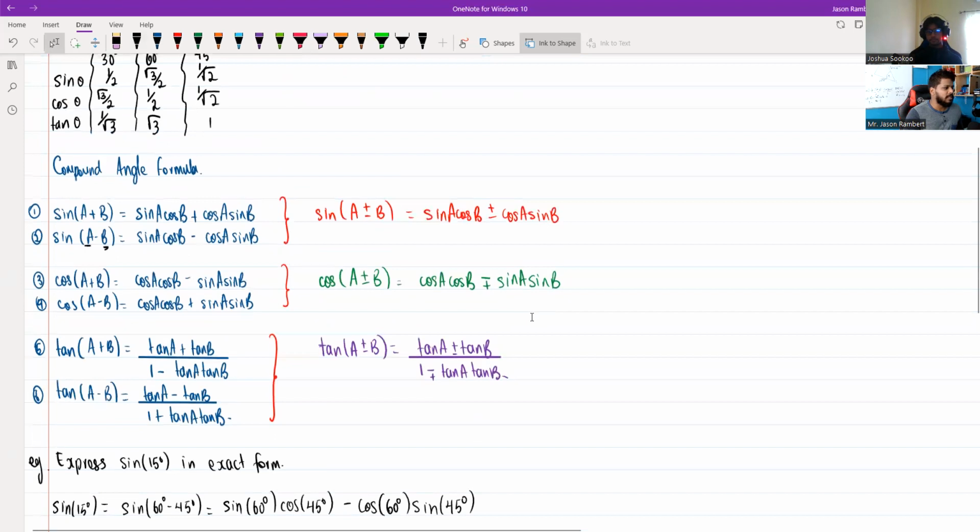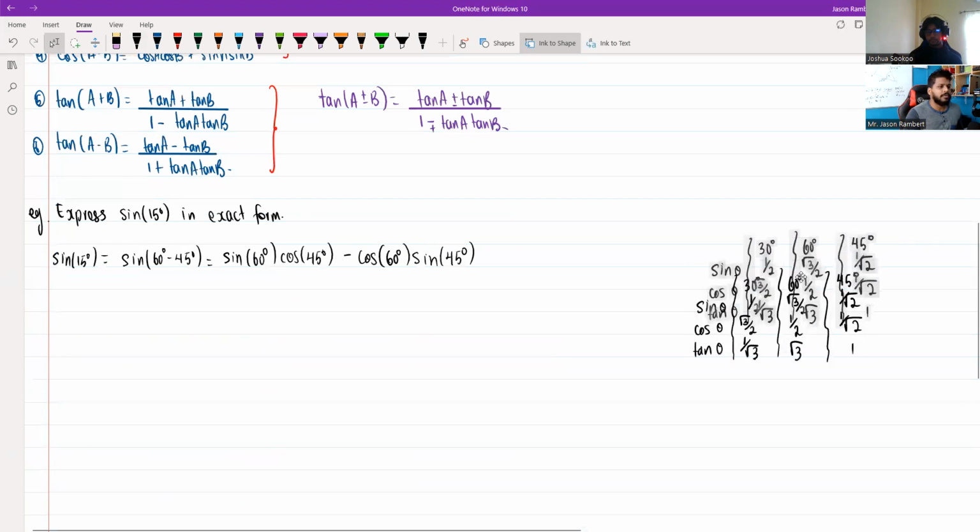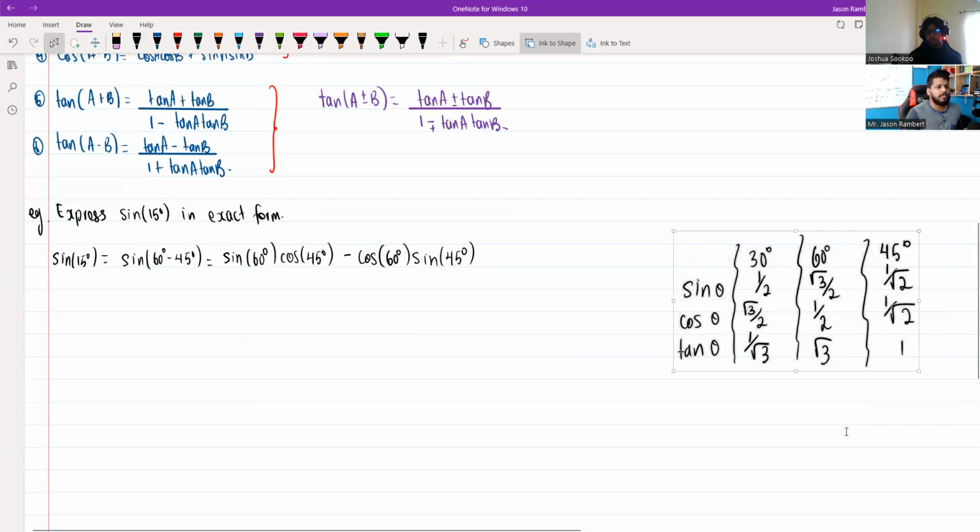Now, I know what these things are from my little table here. So let me bring the table down, and we're going to use the table in some calculations. Sine of 60 is root 3 on 2. Cosine of 45 is 1 on root 2. Now the dot will represent a multiplication process.